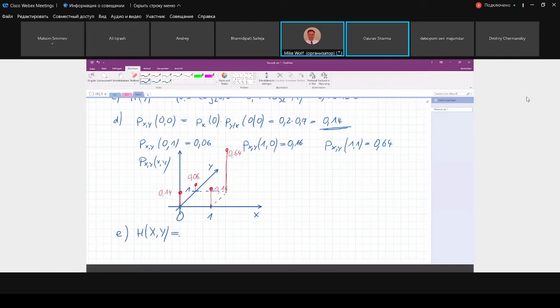Now it's good. Sir, it is given in the question that they are two statistically independent random variables, sorry, dependent. Okay, I understood it.